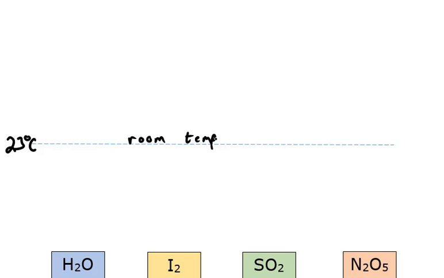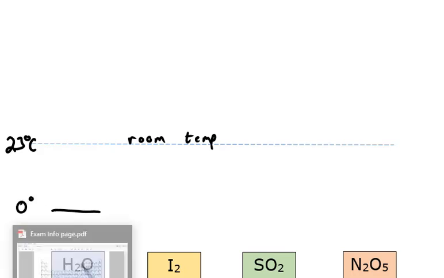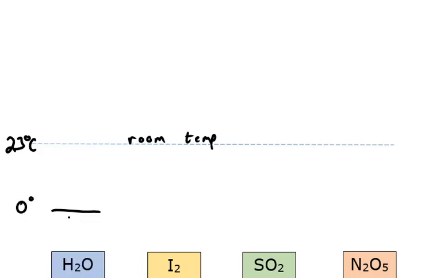For water, the melting point is 0 degrees C. So we're going to put that down here. That's the melting point for water, which means below 0, water's a solid. And above 0, water's a liquid, until, of course, you get up to the boiling point, which I'm going to put up here, and that's 100 degrees. It'll stay liquid all the way from 0 up to 100, and then above 100 it'll be a gas.